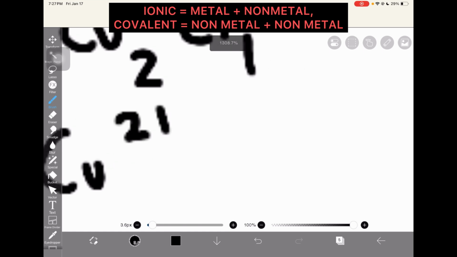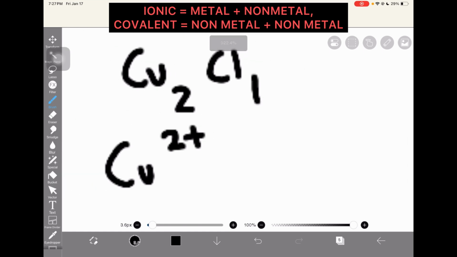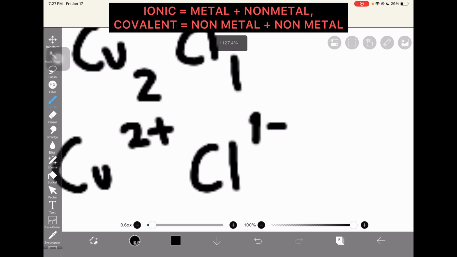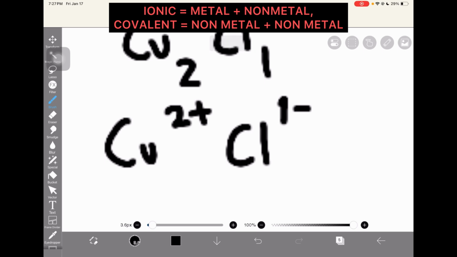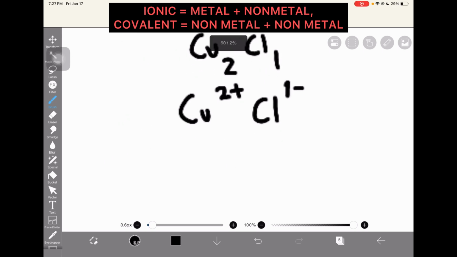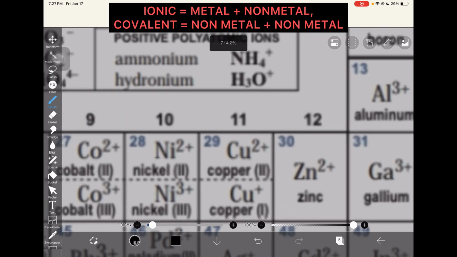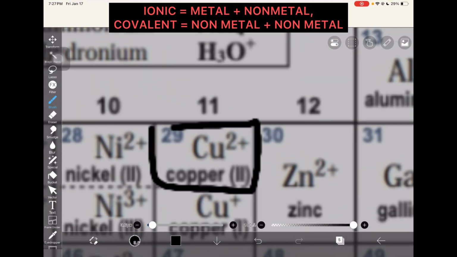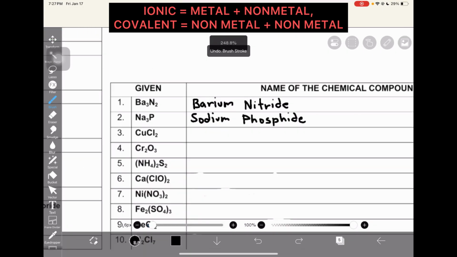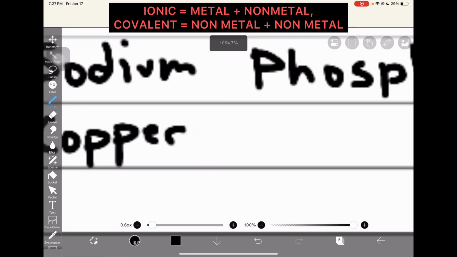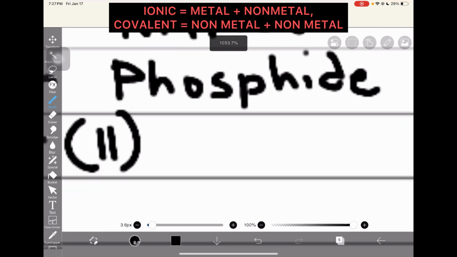Cu2 plus, because metals have a plus charge, and Cl1 minus, because non-metals usually have the negative charge. Since we have Cu2 plus over here, we can now know for certain that this is copper 2. So we put copper over here, in parentheses 2 in Roman numerals, and chloride.